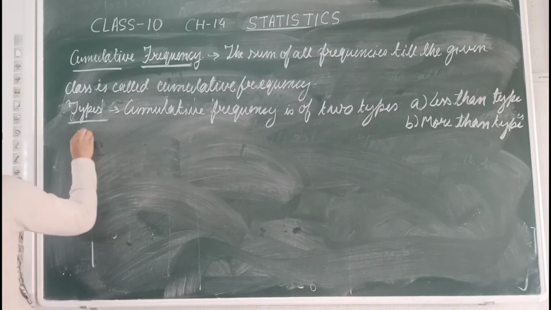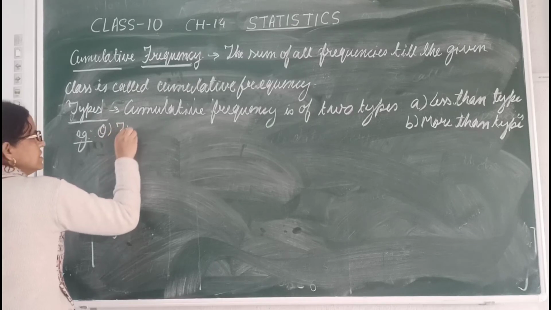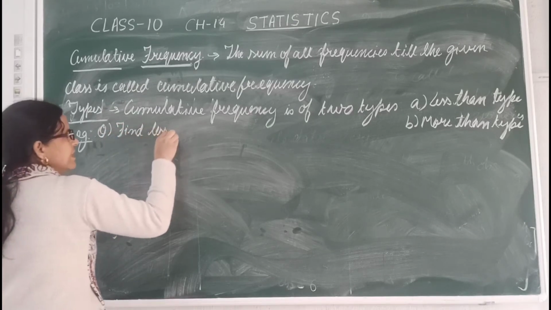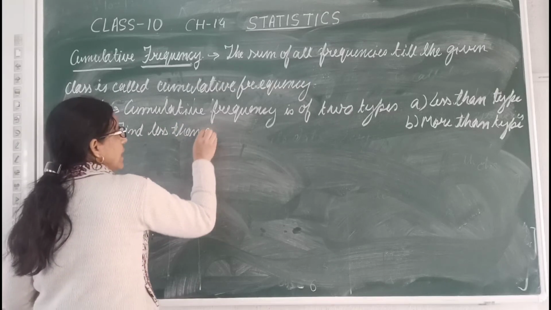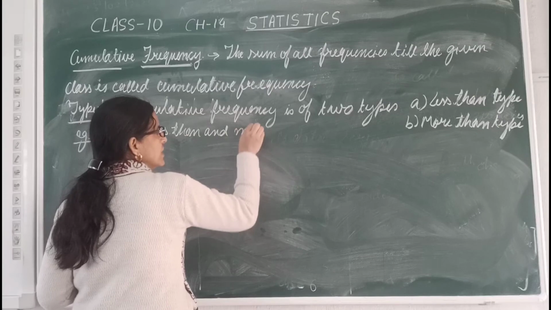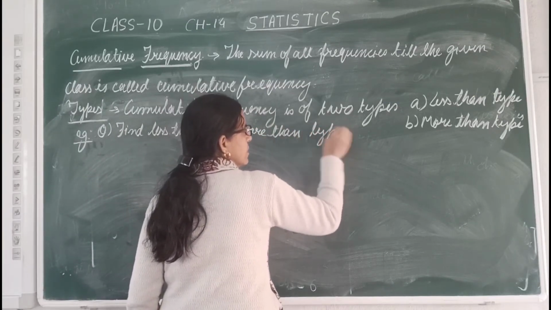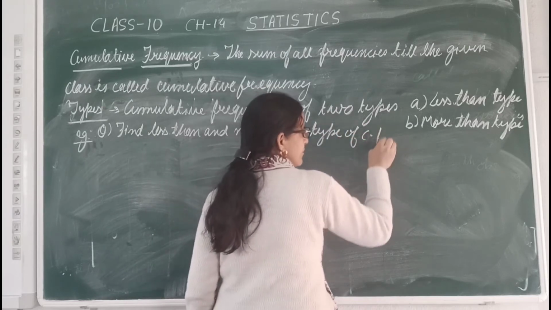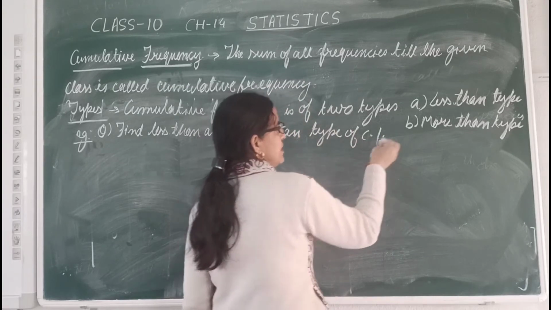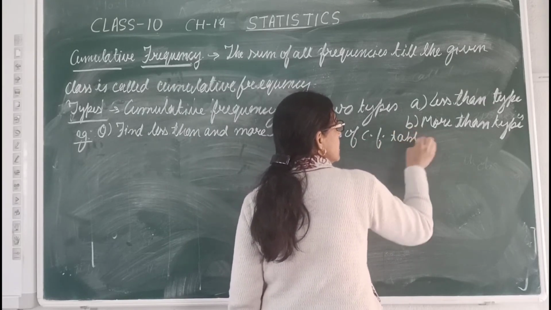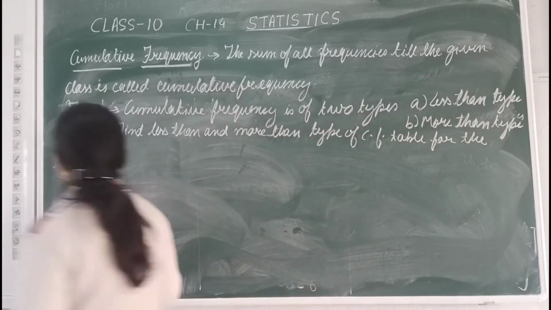So example I am giving. Question: form less than and more than type of cumulative frequency table for the given data.